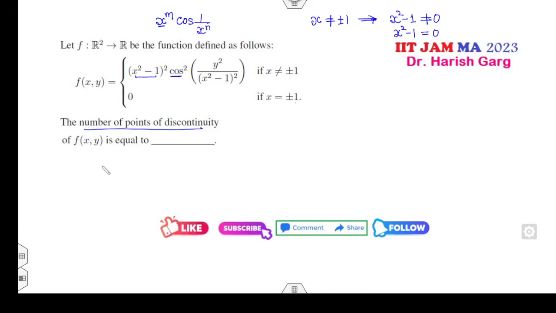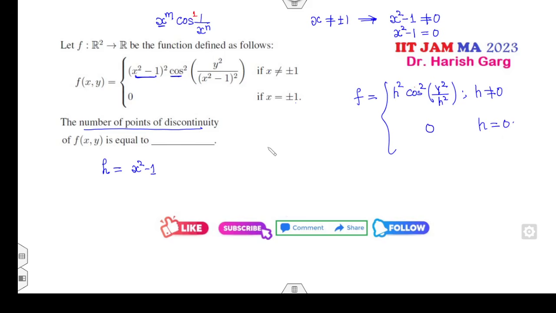Fine. So if I choose h as x square minus 1, this function becomes h square cos square of y square divided by h square, and 0 provided h is non-zero and h is 0. But here the power of cos should always be 1, so I can write cos square as 1 minus sine of 2x, 2y square divided by h square, divided by 2.